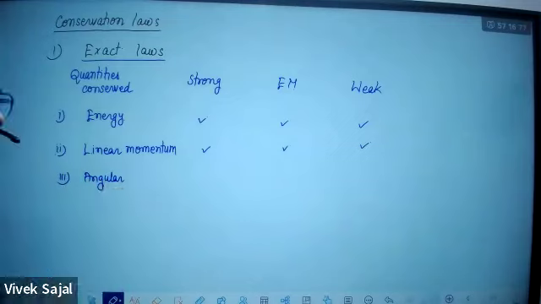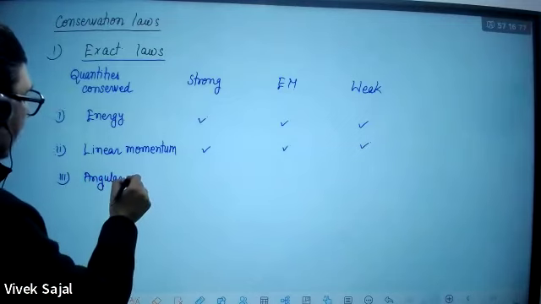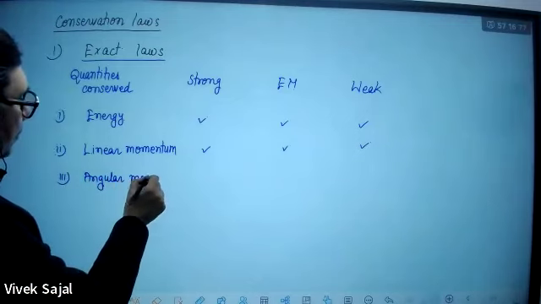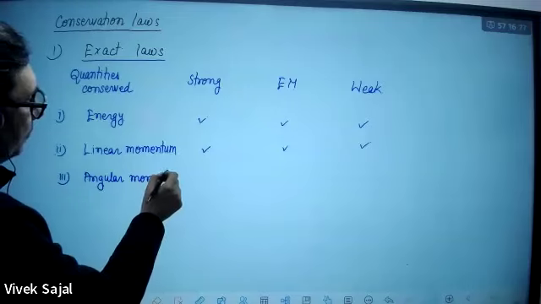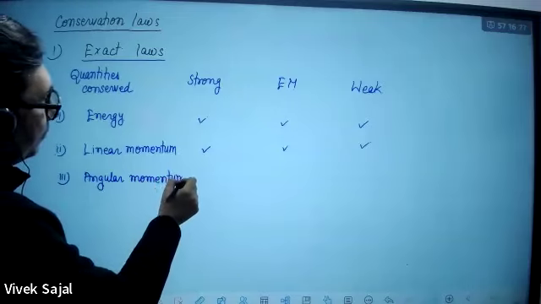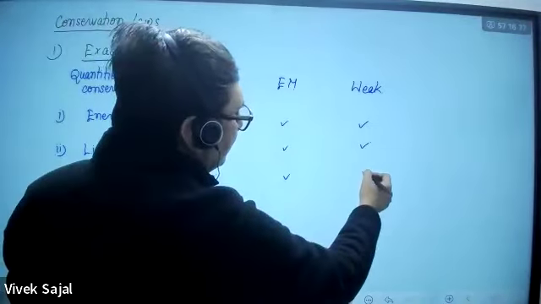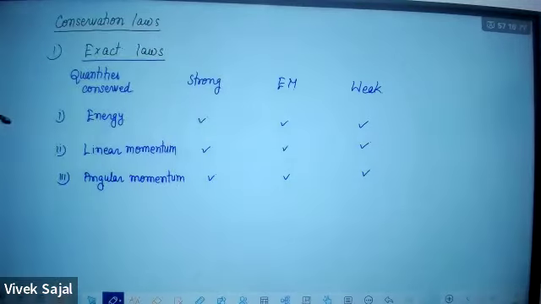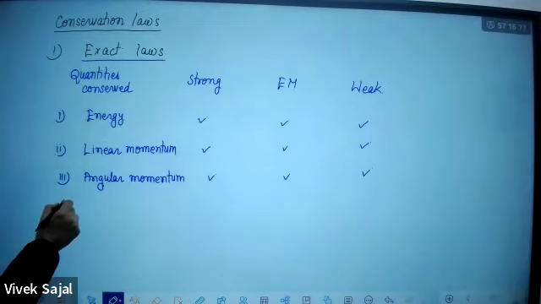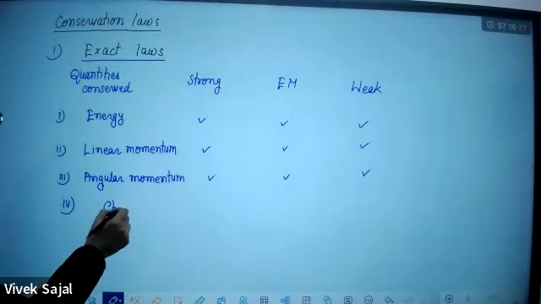If no external torque is acting on the system, then angular momentum will be conserved. So they are all conserved. If any of these conservation laws is not followed, then that type of interaction will not be possible. Next is charge. Charge will be conserved.